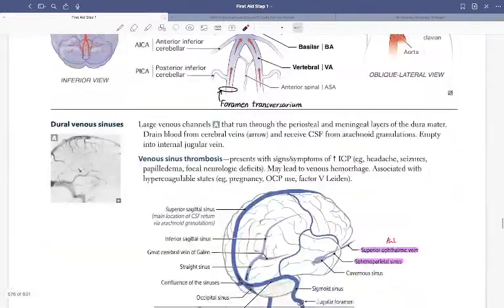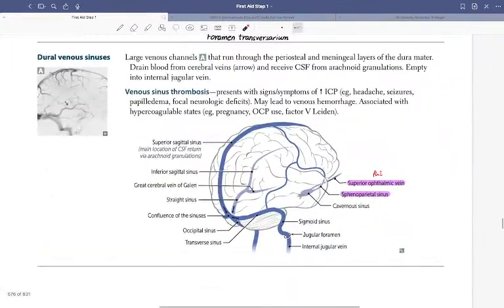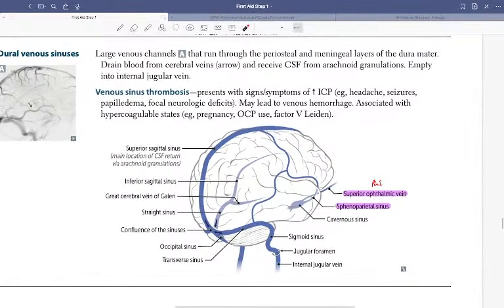Okay, next we come to dural venous sinuses. This is a PGI question: what drains into the cavernous sinus? That is the superior ophthalmic vein and the sphenoparietal sinus. Next, these are large venous channels that run between the periosteal and meningeal layers of the dura.